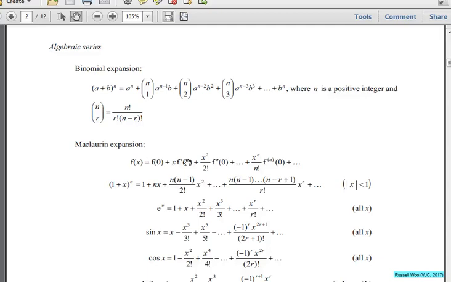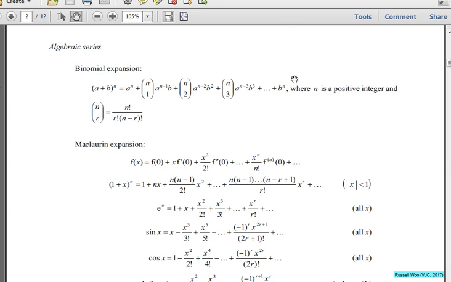Because actually this can be proven using Maclaurin's expansion. You repeatedly differentiate this, you get f prime, f double prime, and so on, evaluate at zero, and you can actually prove this. This is a special Maclaurin's expansion.